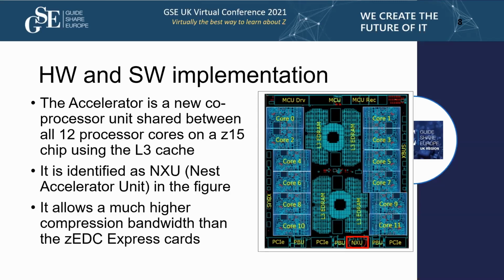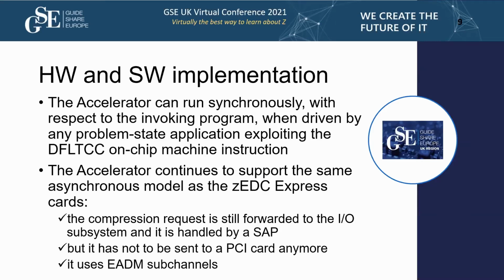This coprocessor, of course, is included in the chip, and therefore it will provide a much higher compression bandwidth than was allowed before by the zEDC Express cards. A very important new feature of the accelerator is that it can run synchronously with respect to the invoking program.